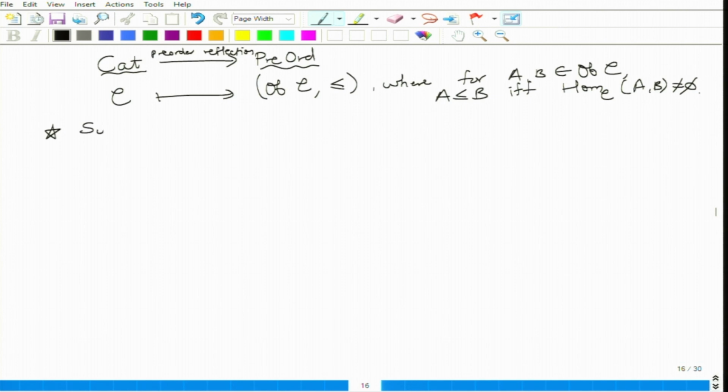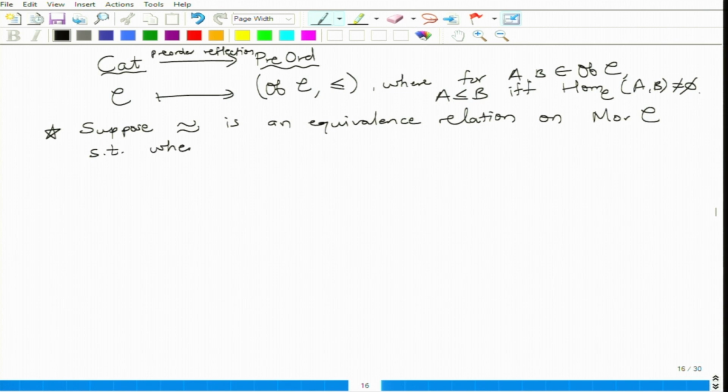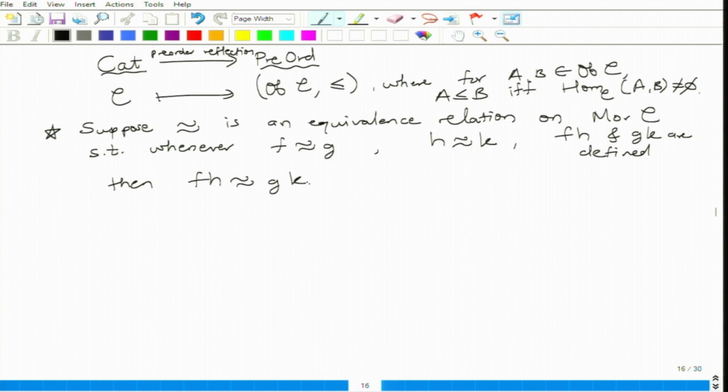Suppose this is an equivalence relation on the collection of morphisms such that whenever F is equivalent to G and H is equivalent to K, and FH and GK are composable, I mean exist, are defined, then FH is also equivalent to GK.